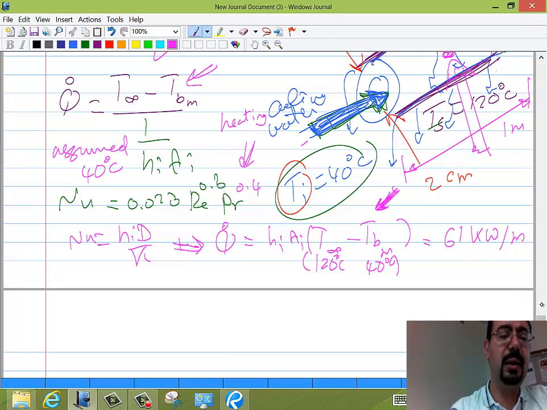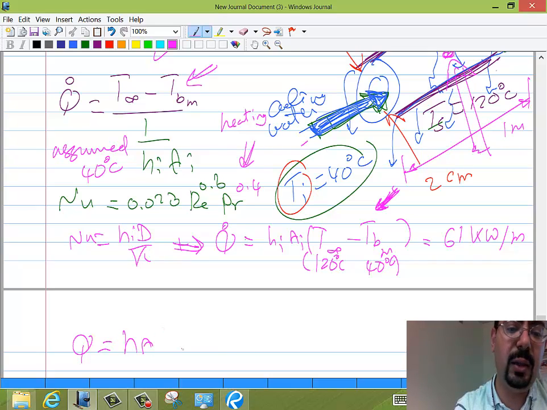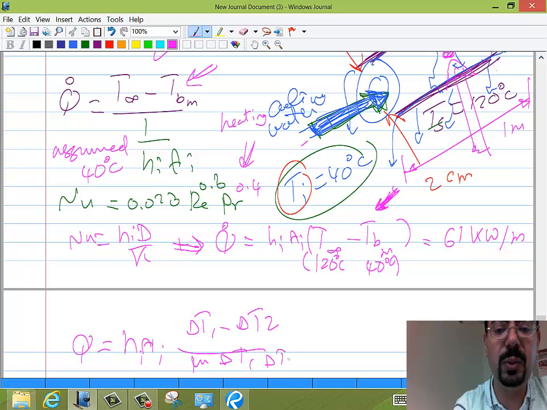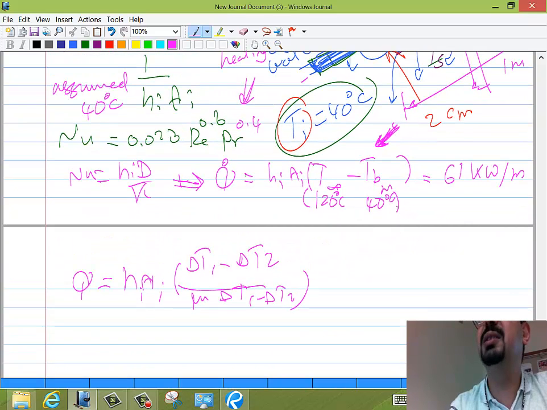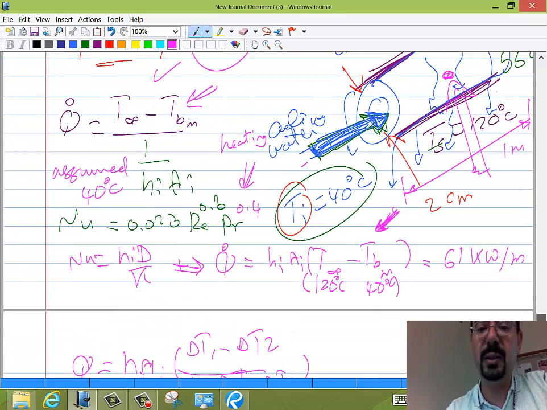Why didn't you say that Q is HI area I times delta T1 minus delta T2 over ln of delta T1 over delta T2? Because that's more accurate. And this is an approximation. You say it's the average temperature in the middle, that's an approximation of this equation. We know that. But I will answer that question after someone first gives me T exit.